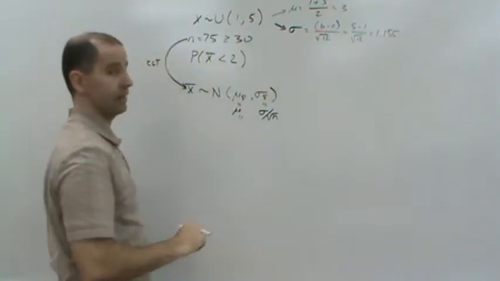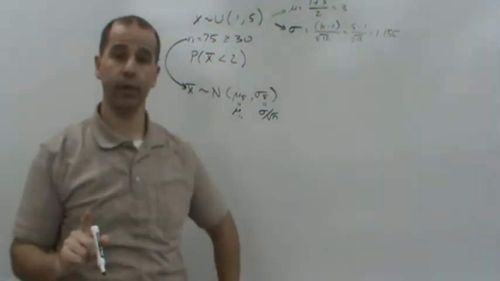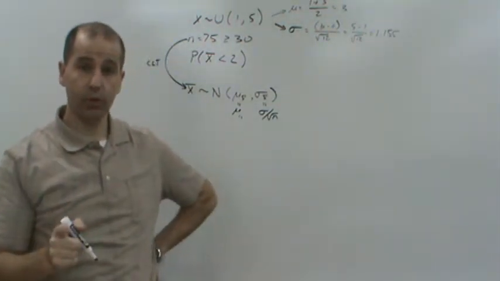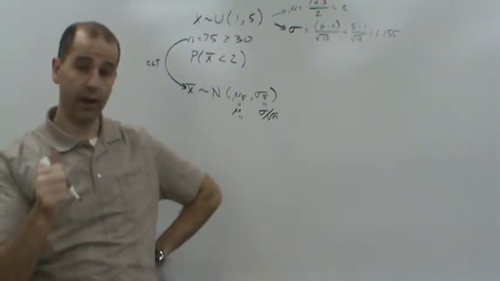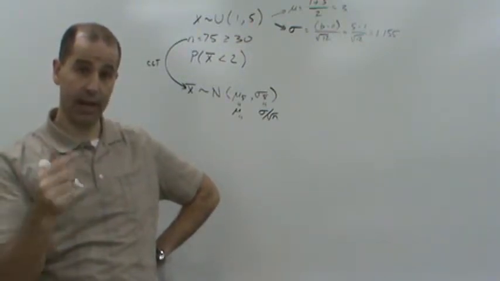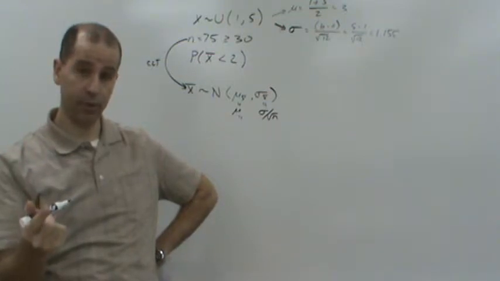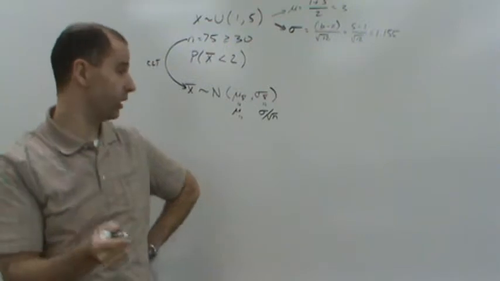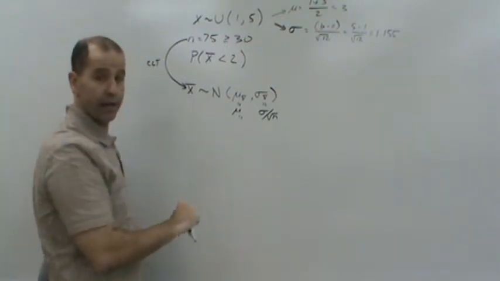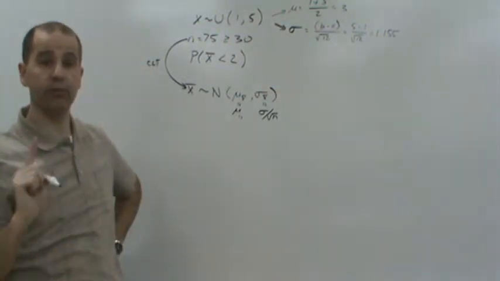So we have the mean and standard deviation. Here's an example where, if you're given a distribution, you have to use the information for that distribution to find the mean and standard deviation of the population, just like we did here with the uniform. Once you have those two, then you can find the mean and standard deviation for X bar.